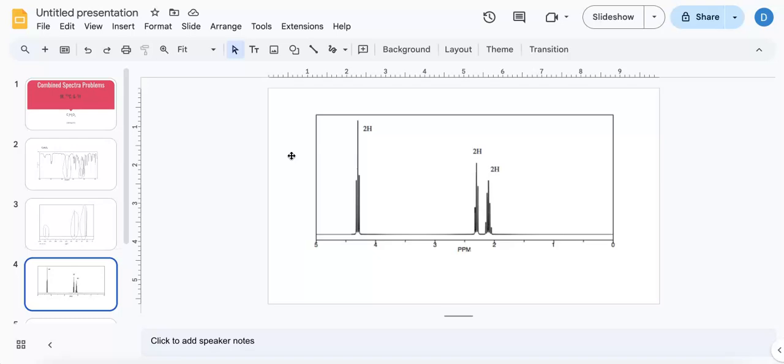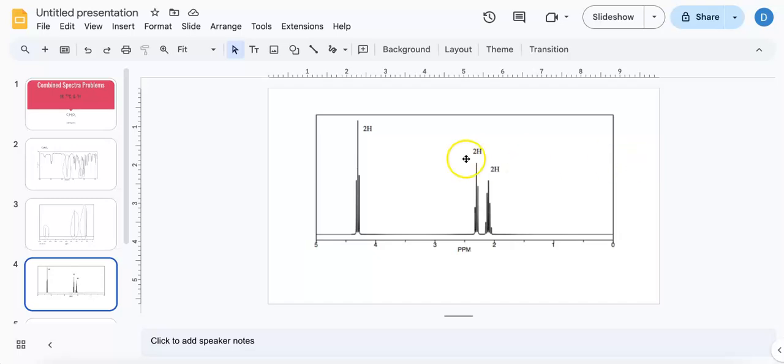So if we look at the degrees of unsaturation before we move any further, that equation is the number of carbons times 2, plus 2, and in this case we only have to worry about the hydrogen. There are no nitrogens or halogens, so we do 2 times 4 carbons, that's 8, plus 2 is 10, minus the 6 hydrogen, we get 4, and we divide that all by 2.